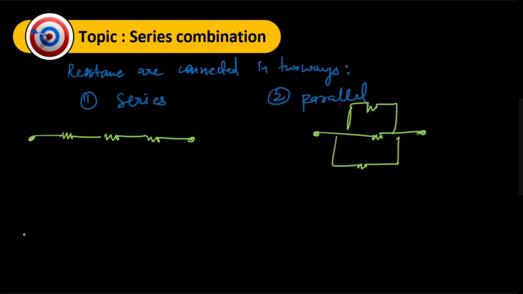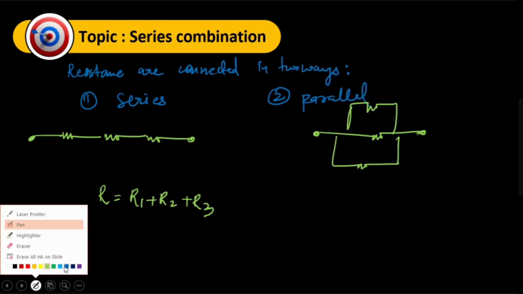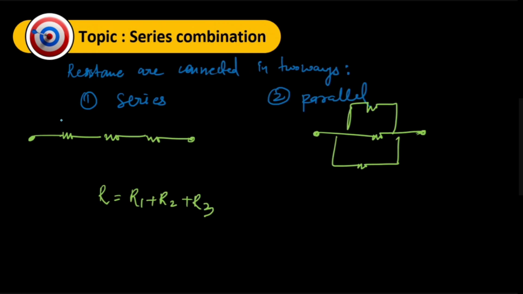So in series combination we can find the value of resistance, and it is nothing but R is R1 plus R2. Now how we actually got it is through Ohm's law again. We are using Ohm's law everywhere, as I told you in the beginning. So how can this relation be derived?